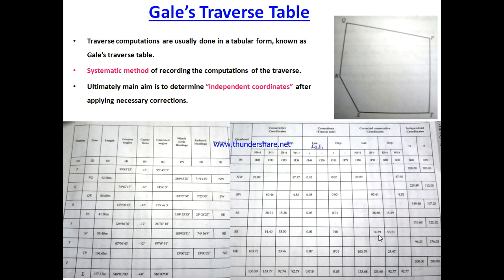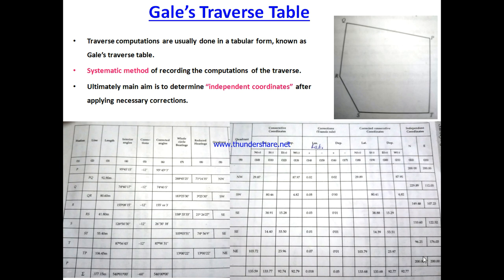So what I did, I just reduced 14.39 from the previous coordinate because it is coming in the negative direction. If this 14.39 value were in the positive direction, then I would simply add it. But since it is in the negative direction, I deduct it, and similarly I deduct 53.51 from 122.52 and I am getting 176.03.